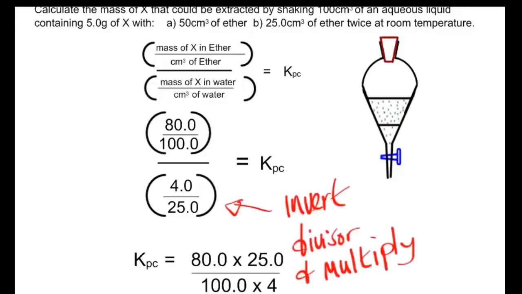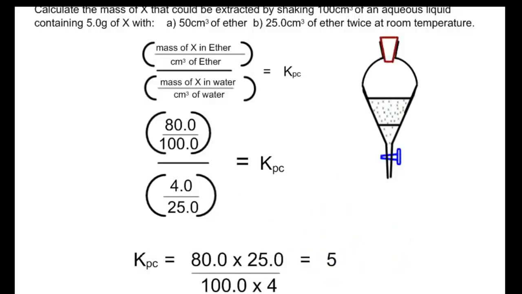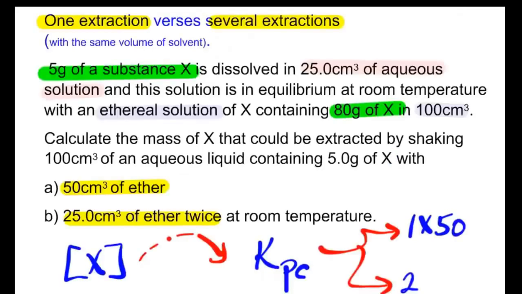So that'll be the same as 80 over 100 multiplied by 25 over 4. Let's see what that gives us. 5. So we've established that the partition coefficient, which is an equilibrium constant, is 5. And so long as the temperature remains constant, that will remain the value for the partition coefficient for this particular scenario. So that's what we'll use now in parts A and B, the partition coefficient 5.